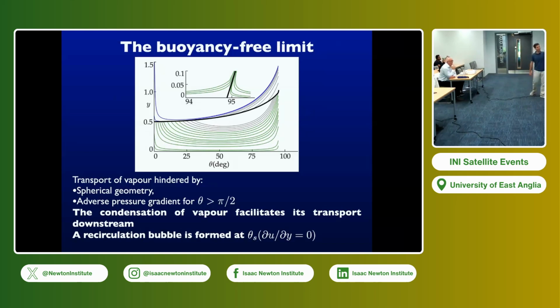At some point, because of the geometry, the area is reduced per unit of streamwise length. We have an adverse pressure gradient beyond 90 degrees, and although there is condensation of vapor, this condensation that would allow more vapor to go downstream is not enough to overcome these two effects.